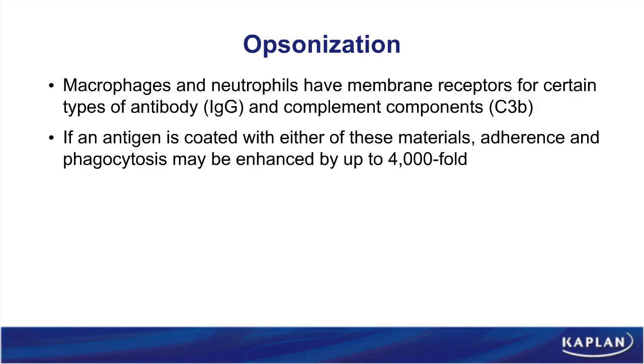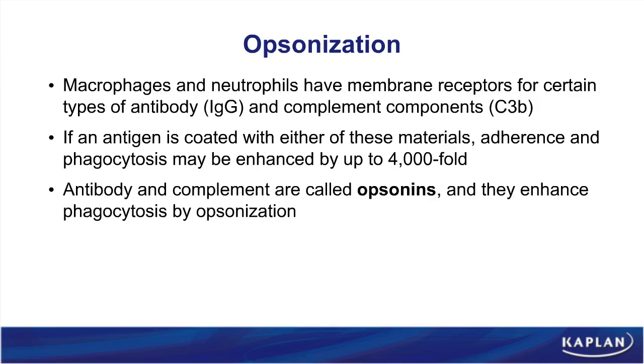And this can actually enhance the process of phagocytosis, making it up to 4,000 times more efficient than it is without these opsonins. So antibody, specifically IgG, and complement, specifically C3b, are called opsonins, and they can enhance this process of phagocytosis that we just talked about through something called opsonization.